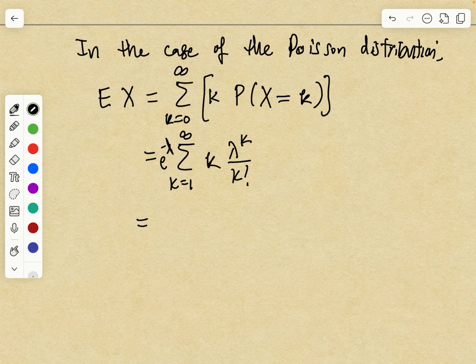The trick is not to factor out the e to the minus lambda. The trick is to factor out a lambda, and then you get the sum from k equals 1 to infinity of e to the minus lambda, lambda to the k minus 1 over k factorial.